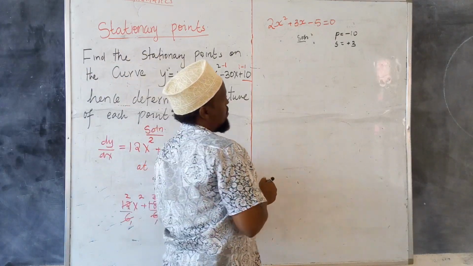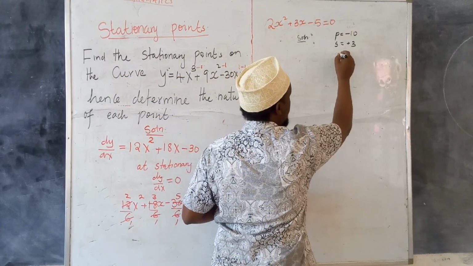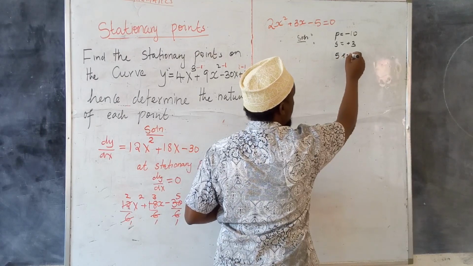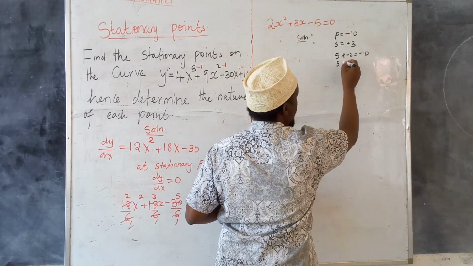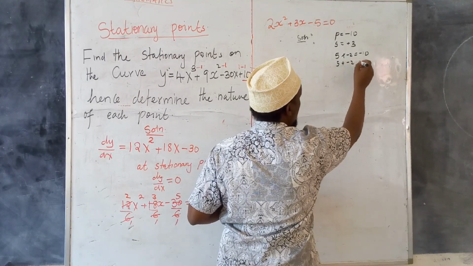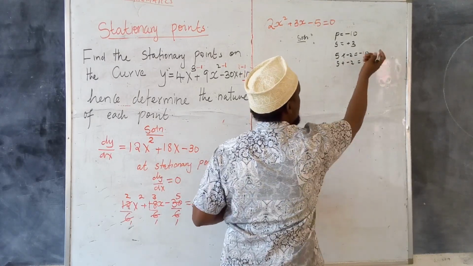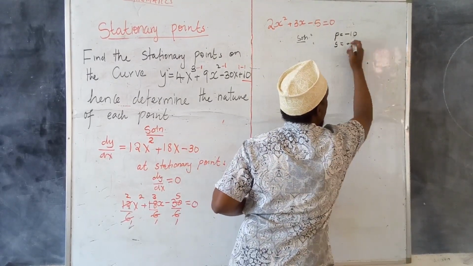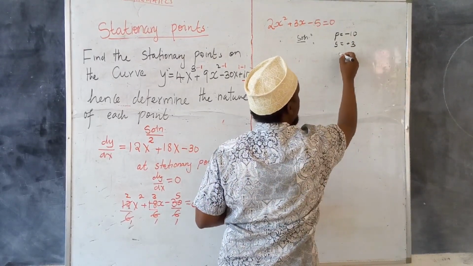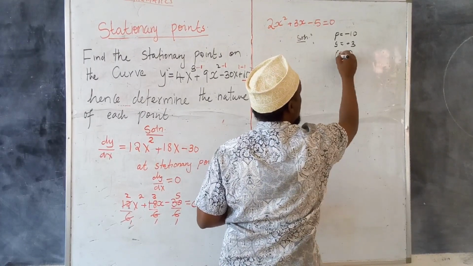Good. So those two numbers should be 5 and negative 2. 5 times negative 2 gives me negative 10. 5 plus negative 2 should give me positive 3. So the two numbers are 5 and negative 2.